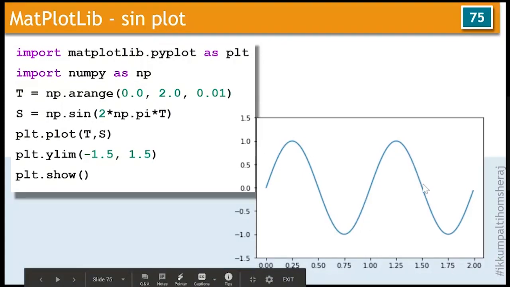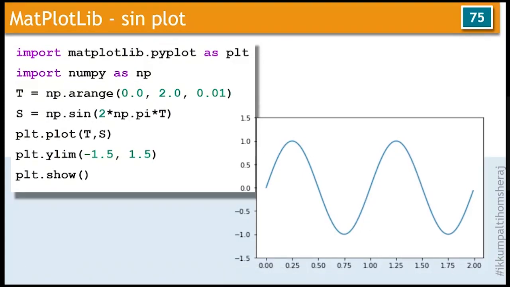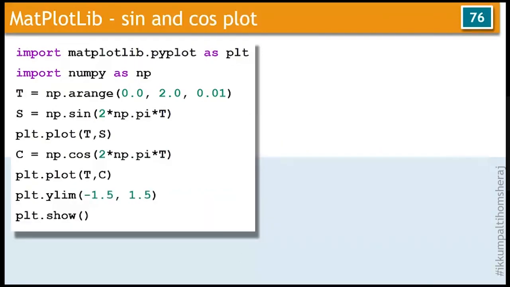If you wish to make cos curve at the same time, you can just add one more line here. So as we have written S is equal to np.sin, you can write C is equal to np.cos and plot for both. So this is going to be plotting the sine curve, and this is going to be plotting the cos curve in the same graph.